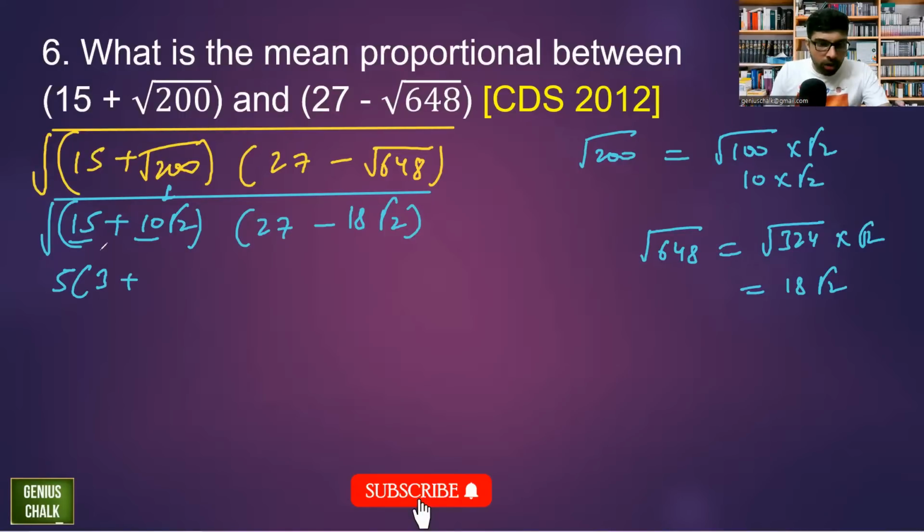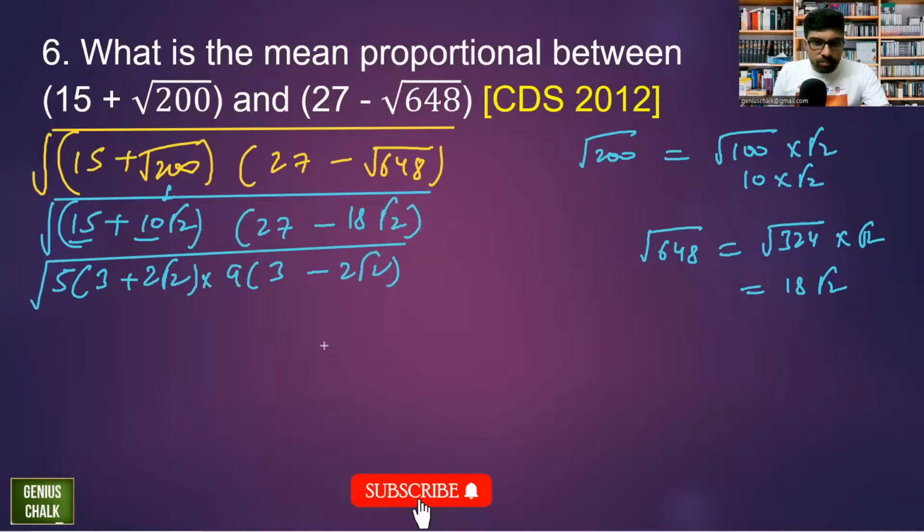So 5 is common, and it is 2 root 2. And here 9 is common. Yes, not 3, 9 is common. So 9 into 3 minus 2 root 2. Right? So this is what my answer looks like.